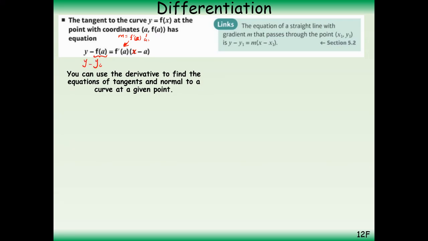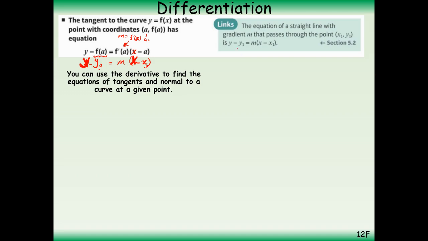This is y naught or y1, it doesn't matter what the subscript is, and this is our gradient, and this is x minus x naught here. This x and y, which I'm writing in bold, are part of the formula, but you replace these with the coordinates. y naught and x naught are coordinates that come from there.